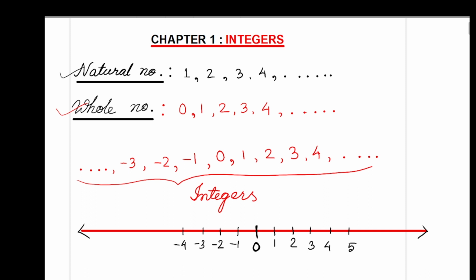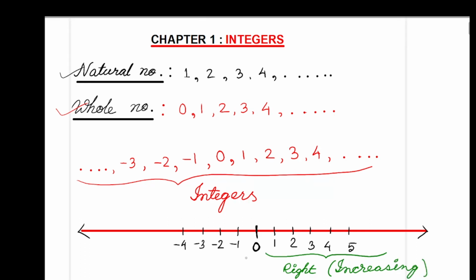-4, and so on. Now see, from 0 all the positive numbers come on the right-hand side and they are increasing towards the right.